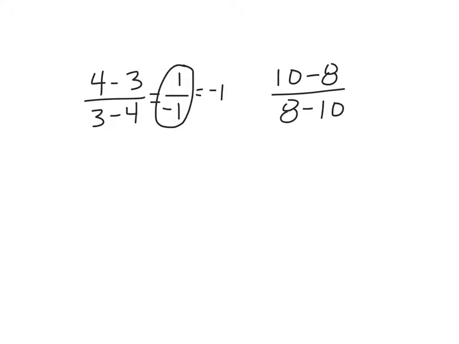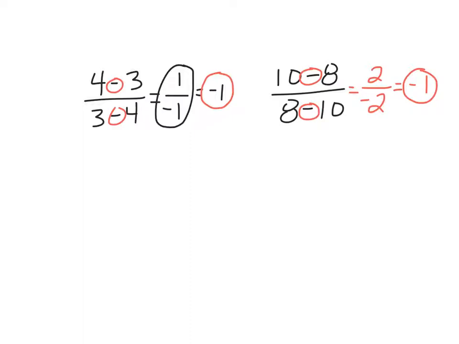For the other one, 10 subtract 8, 10 subtract 8, I get 2. In the bottom, all I did was reverse. 8 subtract 10 gives me a negative 2. Once again, 2 divided by negative 2, I'm going to have an answer of negative 1. Notice I got an answer of negative 1 both times. I have a subtraction problem in both the numerator and the denominator, and all I did was switch where the numbers were.